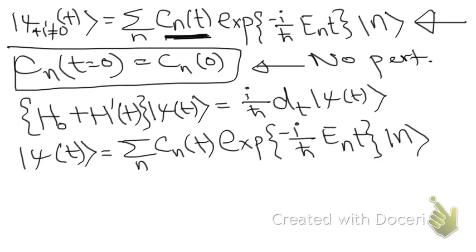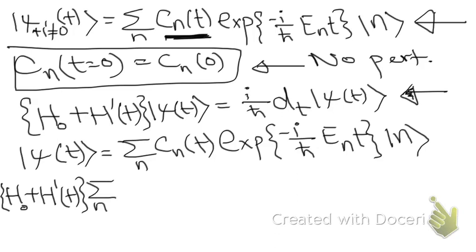So let's substitute this: I'll have H naught plus H1 of t, in this equation over here.